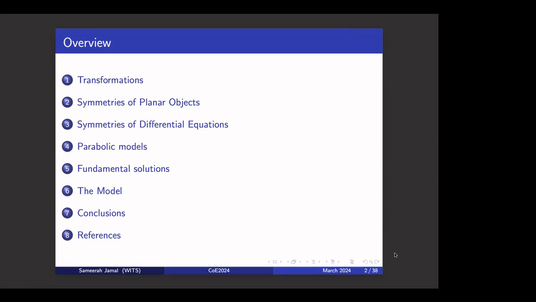I'll go through some general ideas about transformations, a geometric or planar object interpretation of symmetries, and then the main idea would be symmetries of differential equations. So I'll briefly mention some parabolic models, the fundamental solutions to some of these parabolic models, and in number 6, there's a particular example that I will present, followed by the conclusions and references.